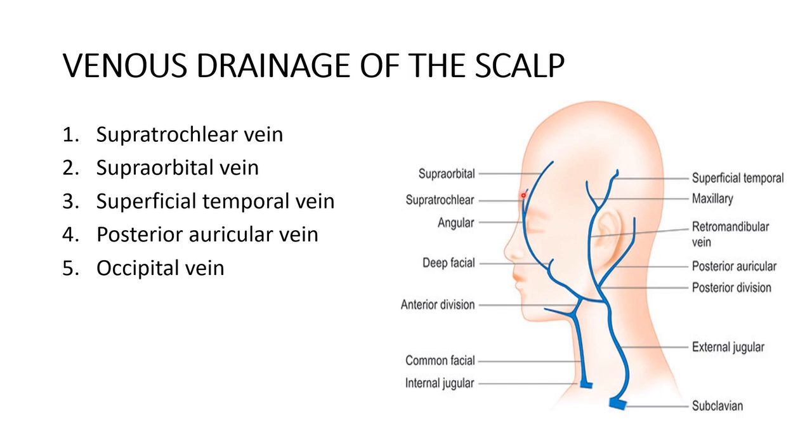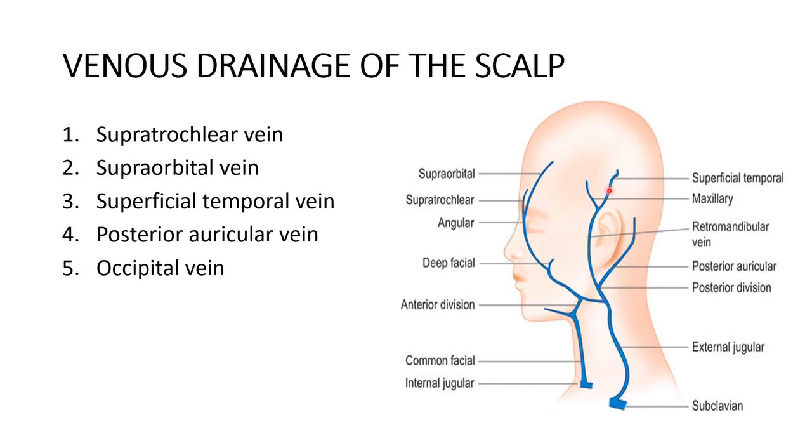We have the supratrochlear vein and the supraorbital vein. These 2 veins drain the scalp, and they join each other to form the angular vein. The angular vein moves downwards and becomes the facial vein.